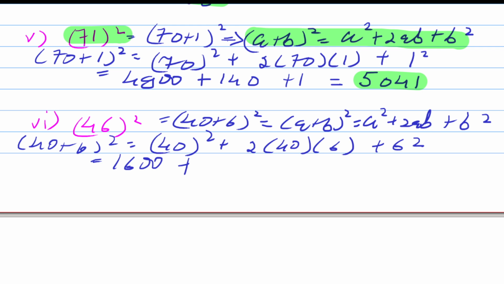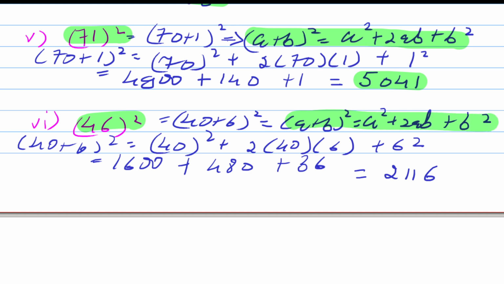That's 1600 plus 480 plus 36, which will give me 2116. So by using the identity a plus b whole square, we are easily able to find the squares of bigger numbers.